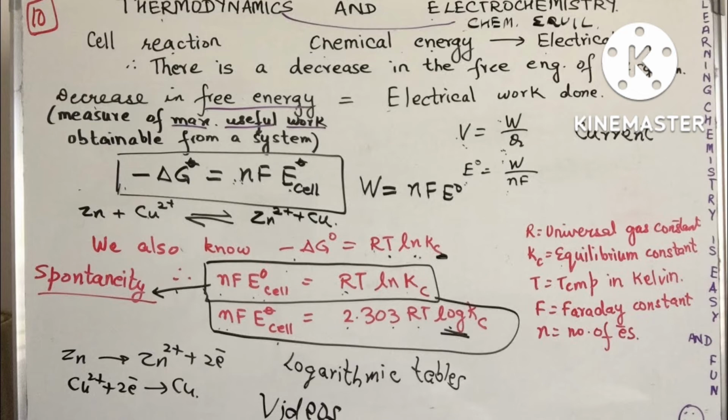Now I am going to discuss some numericals. That is important, because the theory portion is finished. All of the thermodynamics theory portion is finished. Now there are two or three numericals on this relation of delta G that I will discuss, so that your concept will be clearer.